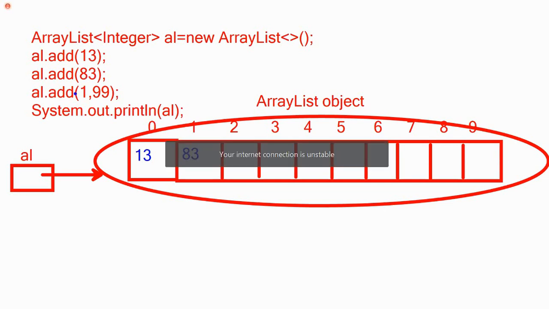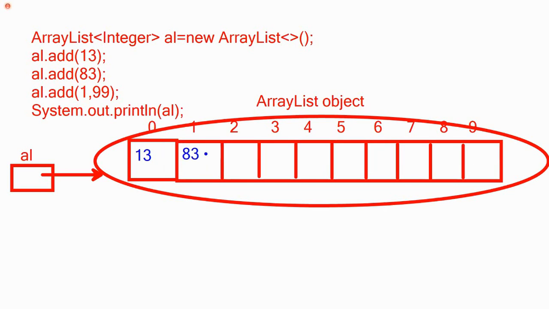Whenever you add 1 comma 99, what will happen? Is it modified? No. Data is shuffled. Control shifted. 83 comes here. This 83 plus 99 stored here. Output will be 13, 99, 83.